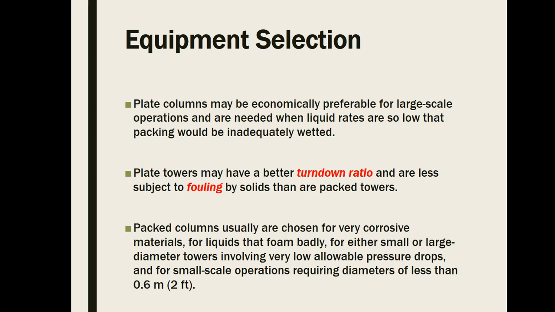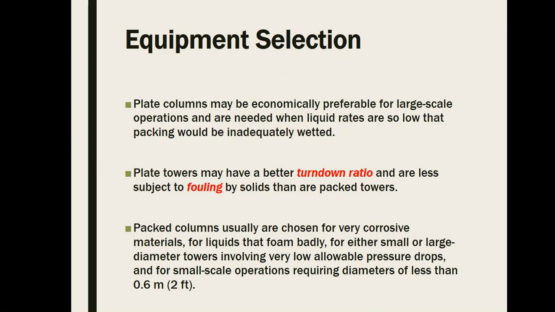What we mean by adequately wetted is that there's not enough velocity for your liquid, so the packing material where mass transfer will occur is not uniformly wet for the liquid to transfer the component from the gas.